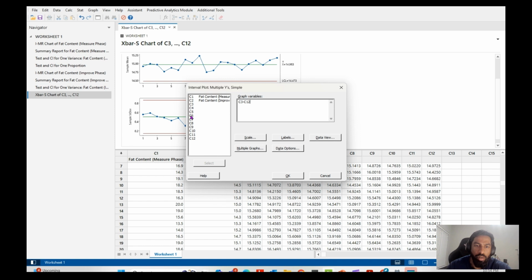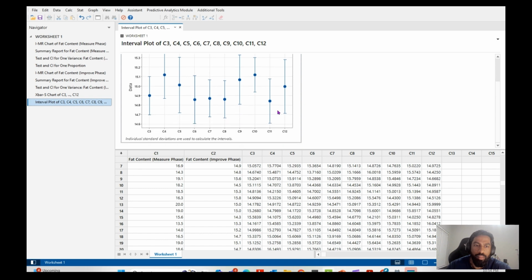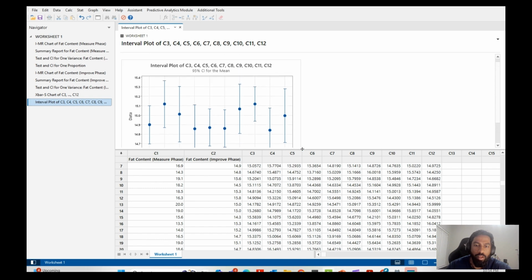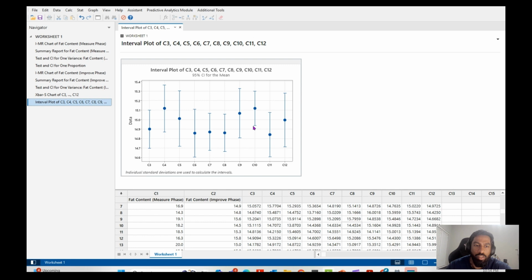Here select your columns C3 to C12 and then hit OK. And there you can see the confidence interval of the population for all of these samples from C3 to C12.